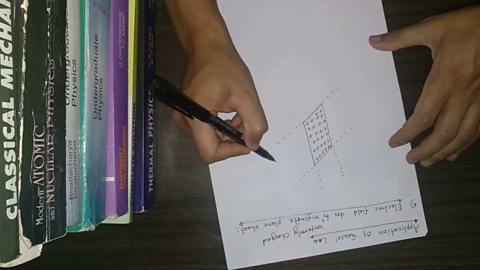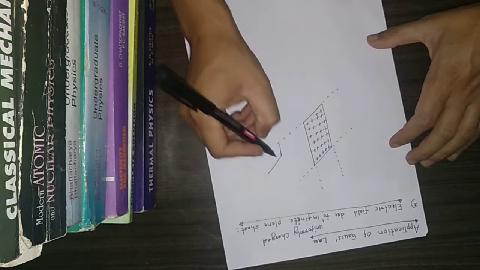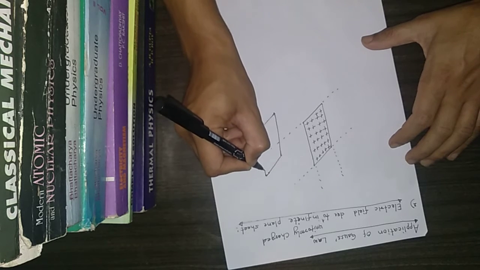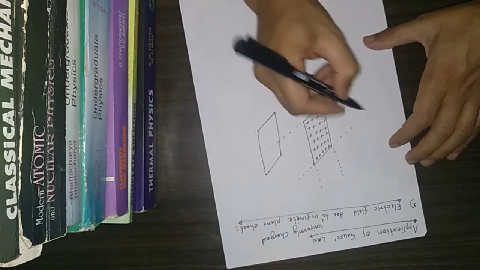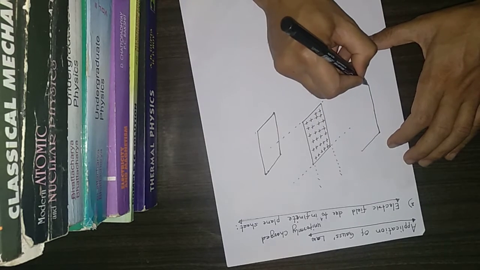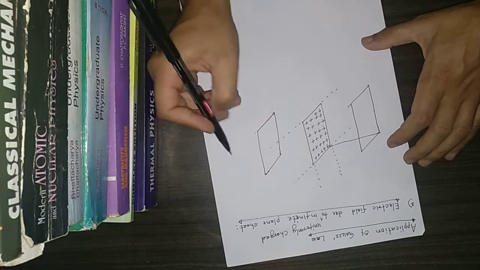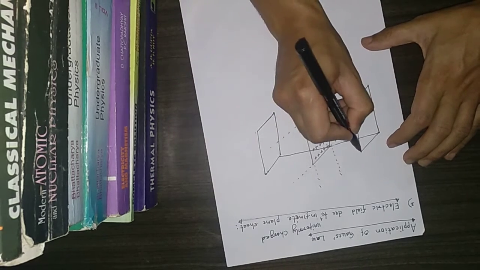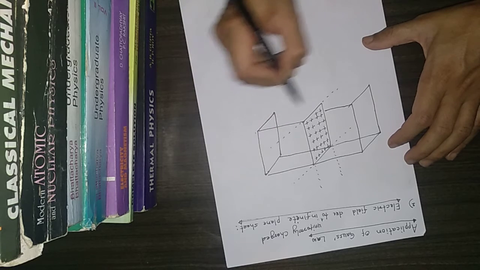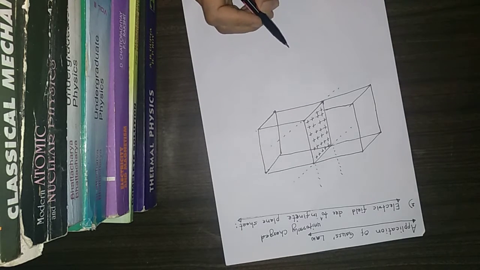For that I want to draw a Gaussian surface this way. Okay, so let this be my Gaussian surface.